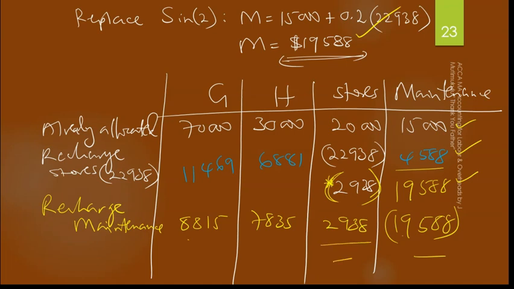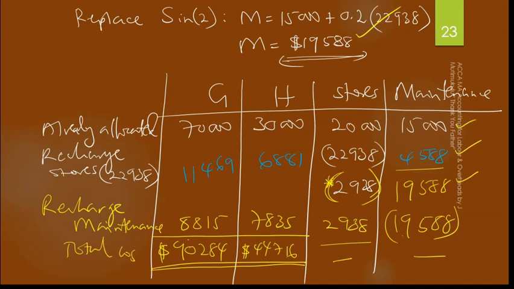Then we have to add up the cost of the production cost centers, and we should get our totals for this part. That's 90,284 for the G department, and for the H department, that's 44,716. These are the total overhead costs.